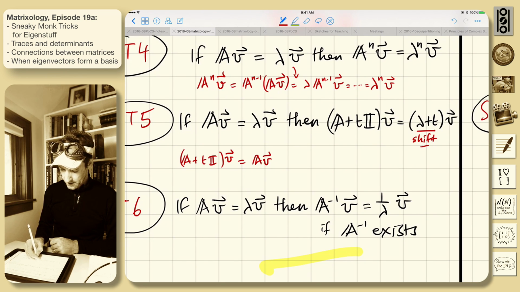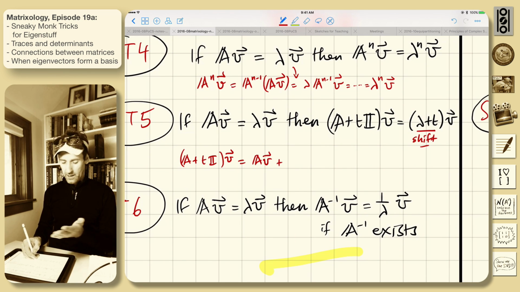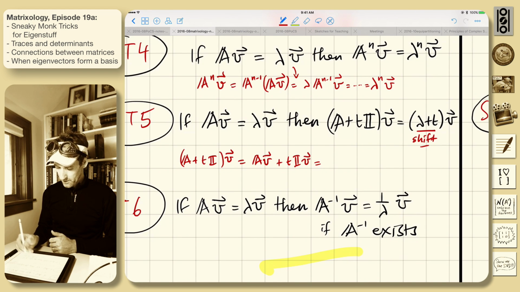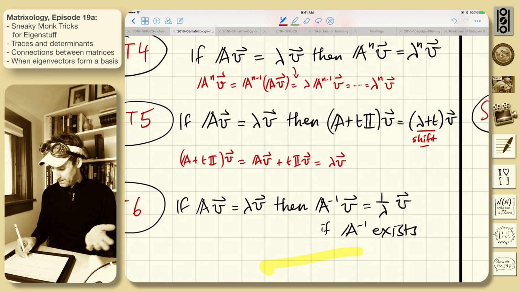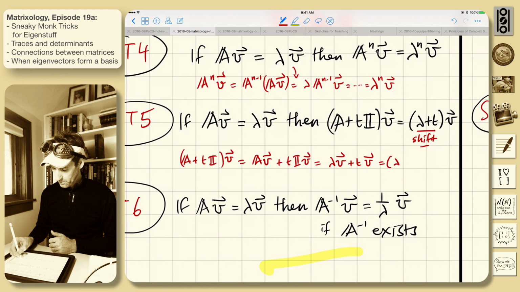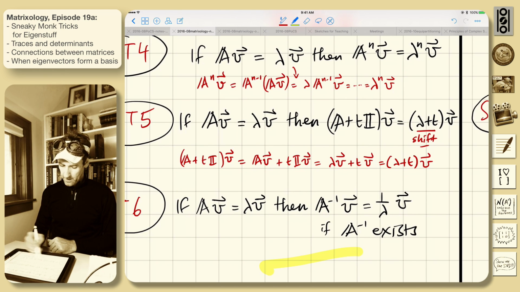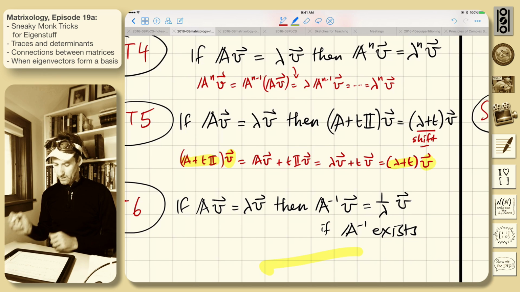It's A times V plus T times the identity times V. So this is lambda times V, the one thing we know. Identity times V is just T times V. Then we can pull them apart and put them back together. So we have blob times V equals number times V. Therefore, the number is the eigenvalue of the blob, and the V is the eigenvector.